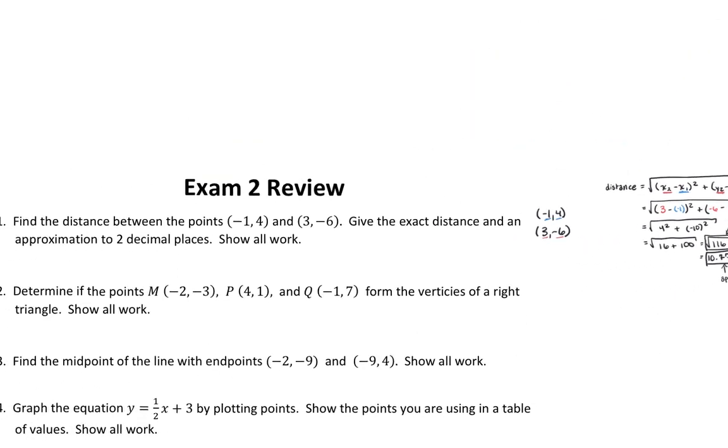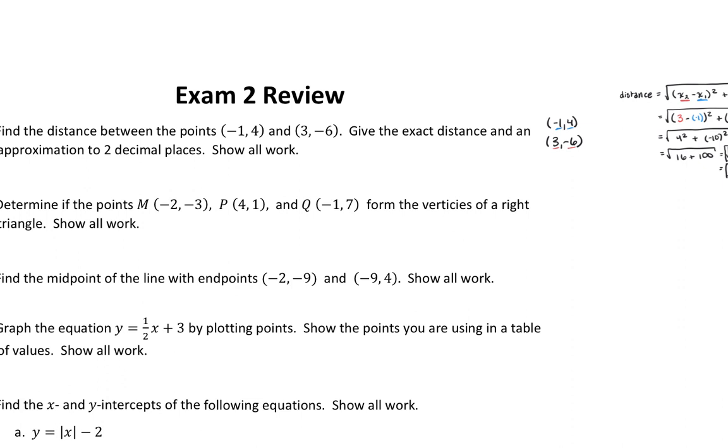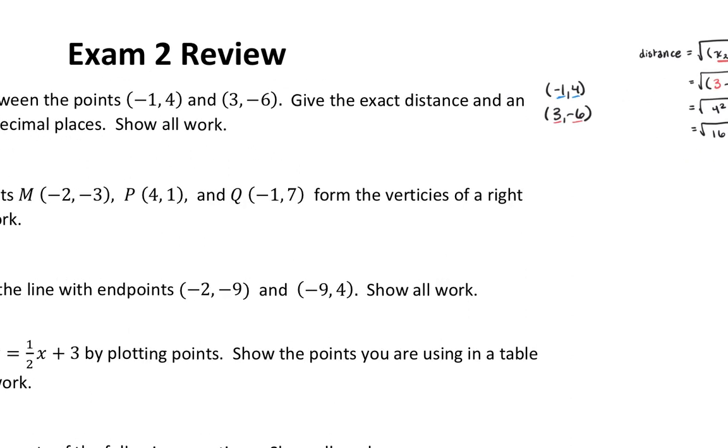Alrighty, next problem says, determine if the points M, P, Q form the vertices of a right triangle. Show all work. So, if you remember, a right triangle follows the Pythagorean theorem that states that a squared plus b squared, or the sum of the squares of the legs, is going to equal the square of the hypotenuse.